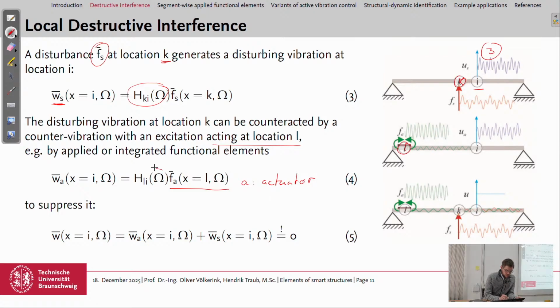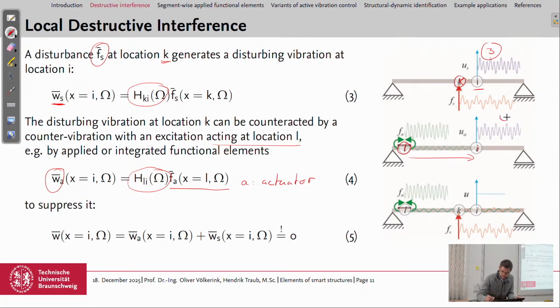And we need a different transfer function now from point L to point I. And with this we get also a description of the vibration at point I, but induced by the actuator and not by the external excitation.